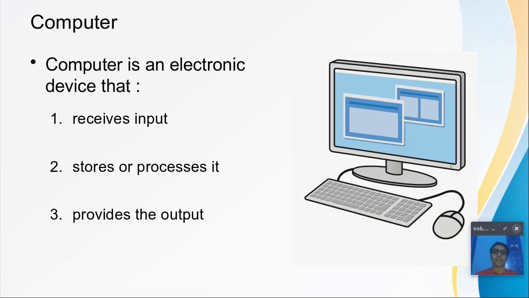Now when you click on that movie, you are giving the input to your computer, and then the computer processes that information, and after that it displays it. So when the movie plays on your computer, it is the output that you are receiving.